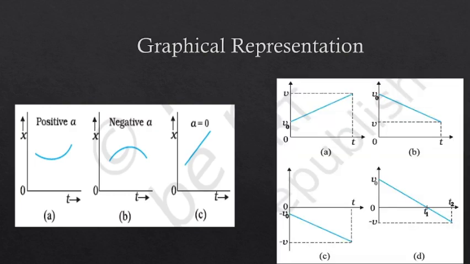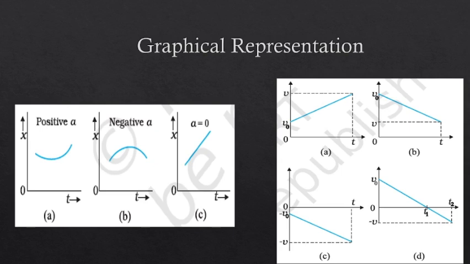Now, in these graphs on the right-hand side, we have the velocity-time graphs for motion with constant acceleration. The first graph, A, is motion in the positive direction with positive acceleration. In B, it is motion in the positive direction with negative acceleration, or deceleration.